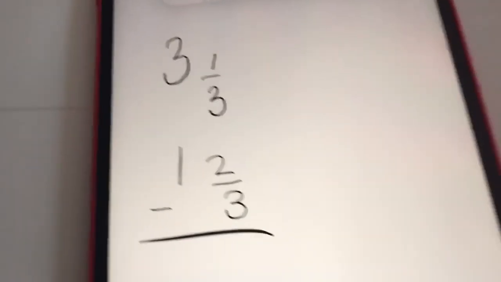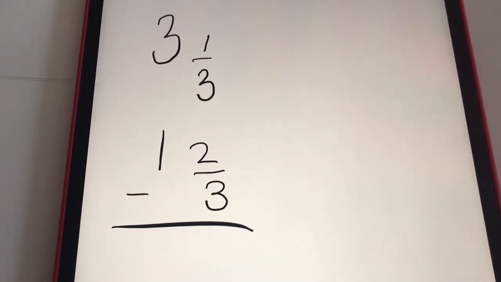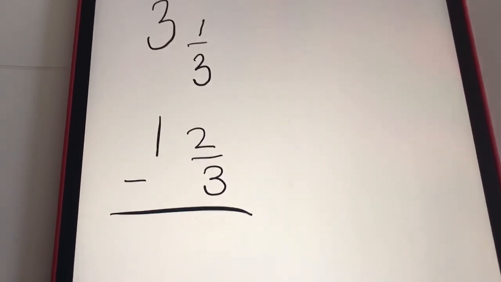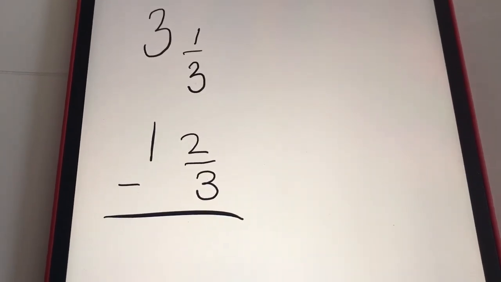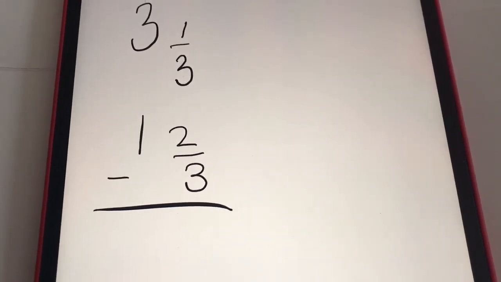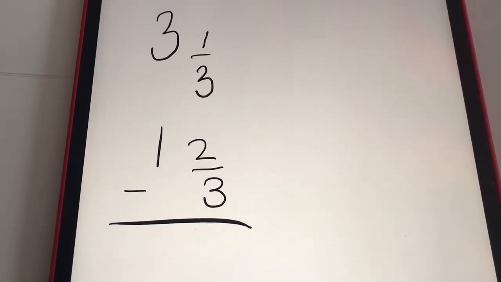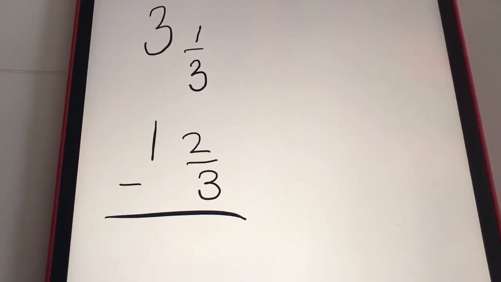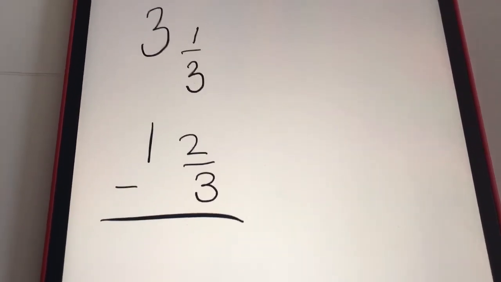Okay, so now let's move on to subtracting mixed numbers where we have to borrow from the whole number. Looking at these mixed numbers, you can see that they both have the same denominator. So we're going to start out easy and get a little bit tricky.